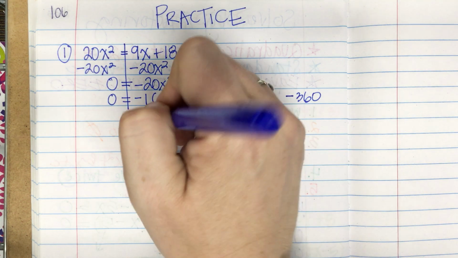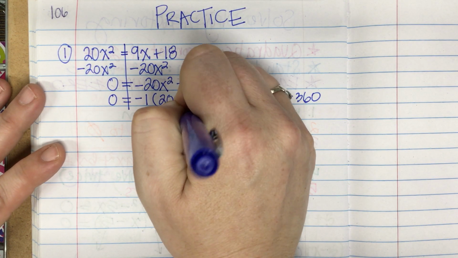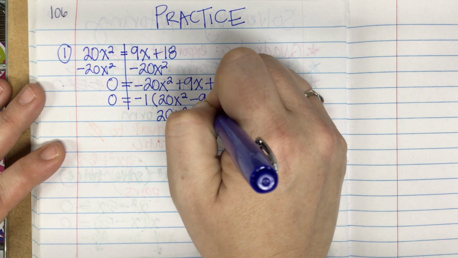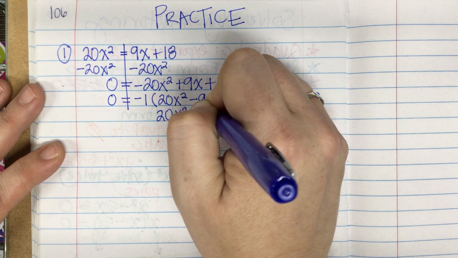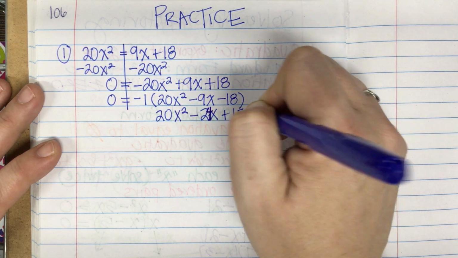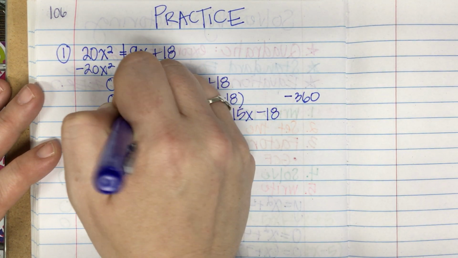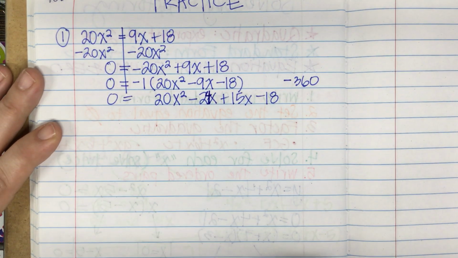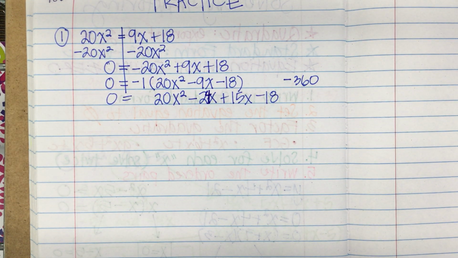I will give it to you. Minus 24x plus 15x minus 18. Negative 24 and positive 15.